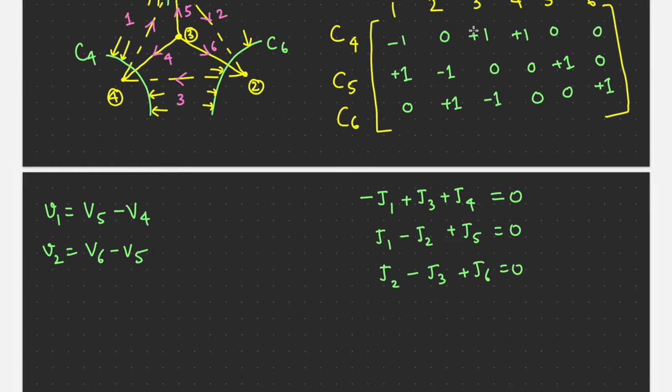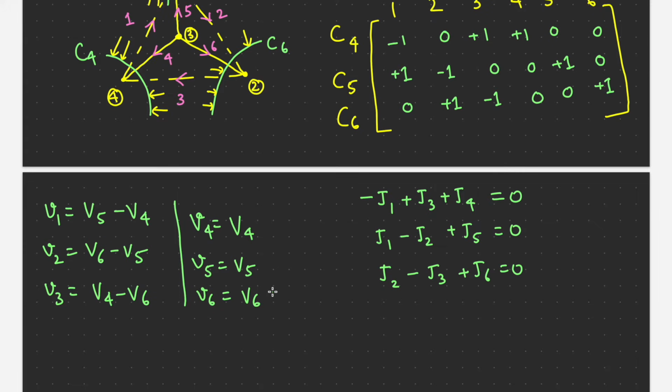For branch number 3, V4 minus V6. For branch number 4, it will be just V4. Similarly, for branch number 5 it will be just V5, and for branch number 6 it will be V6.